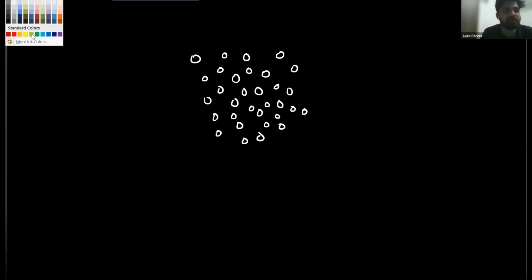And let's suppose this is the sugar molecule, and it comes into the intermolecular space, the space between these water molecules.